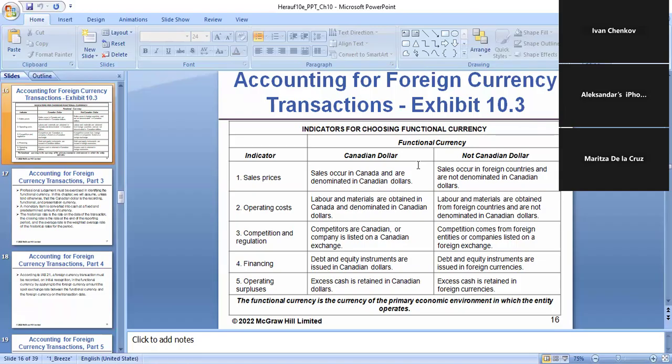That's for the sales. Let's see now the operating cost. If labor and material are obtained in Canada and denominated in Canadian dollars, then the functional currency is the Canadian dollar. If labor and material are obtained from foreign countries and are not denominated in Canadian dollars, then the functional currency is not the Canadian dollar.